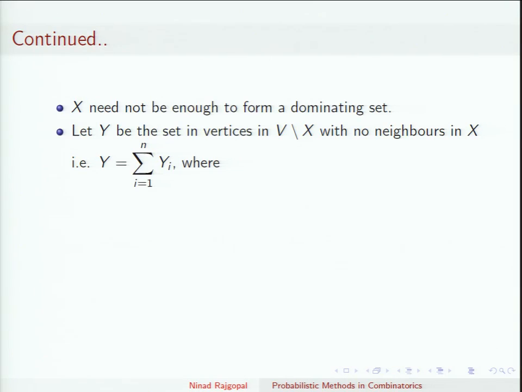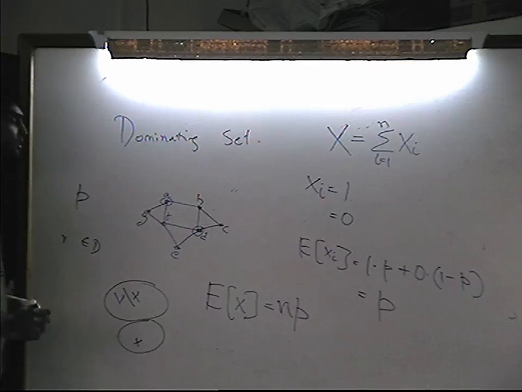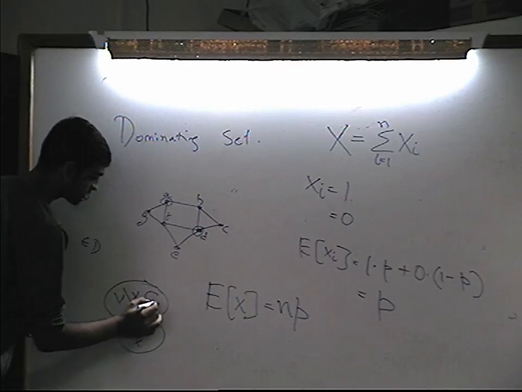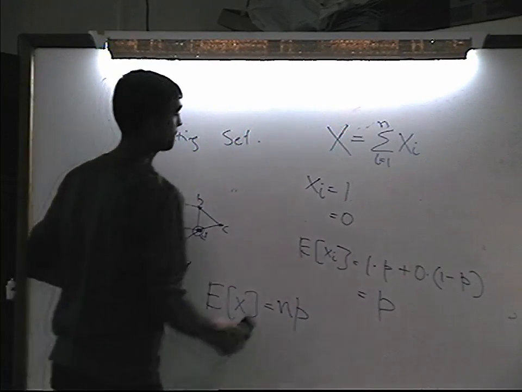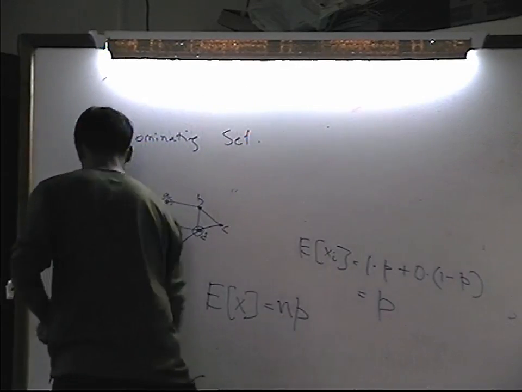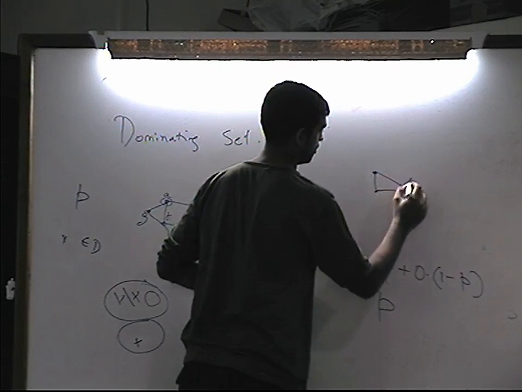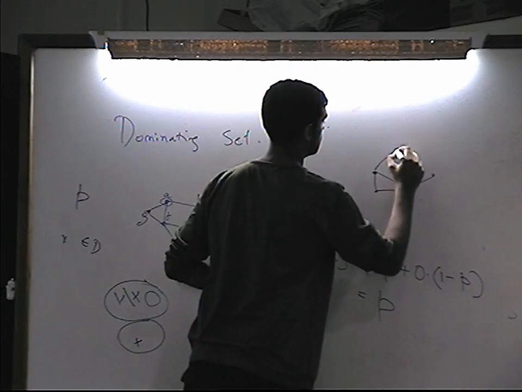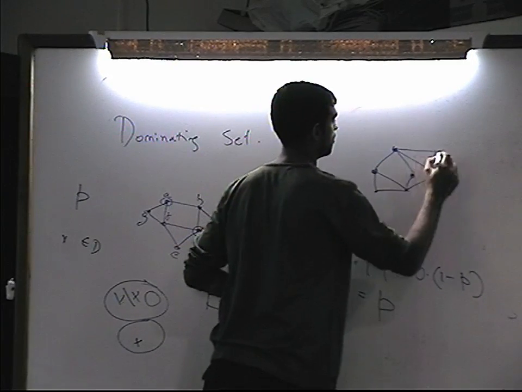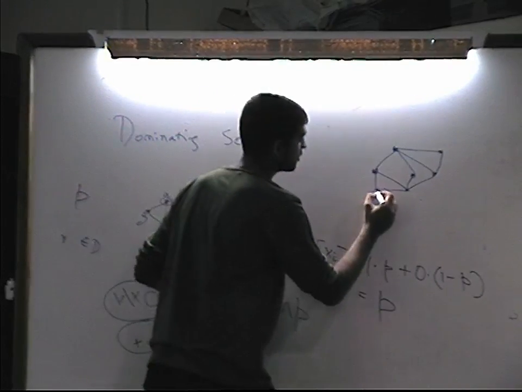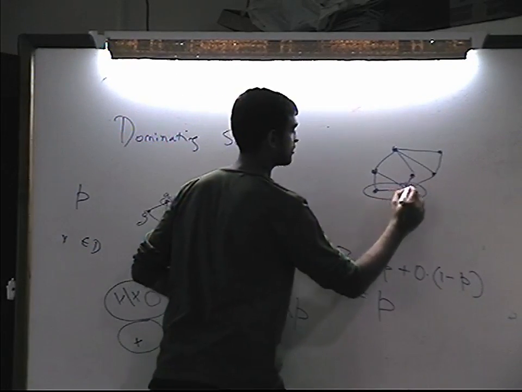If this is my randomly chosen subset X, we look at the set of vertices V minus X, and pick the subset from here such that it has no neighbors in X. For example, suppose by my random experiment I chose these vertices to be set X, right?